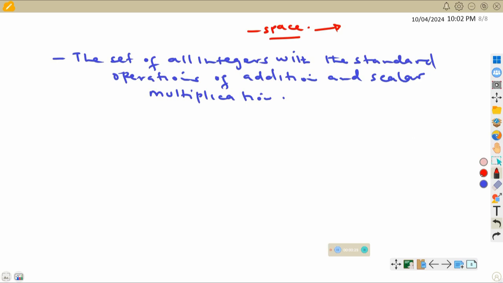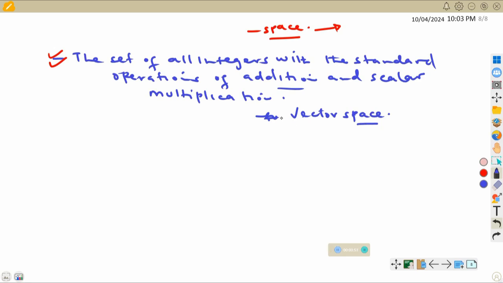For example, let us talk about the set of all integers. If we want to show that this set of all integers here, with the standard operations of addition, we know how to add integers, and scalar multiplication, we want to see: does this set form a vector space? And which axioms will not hold?